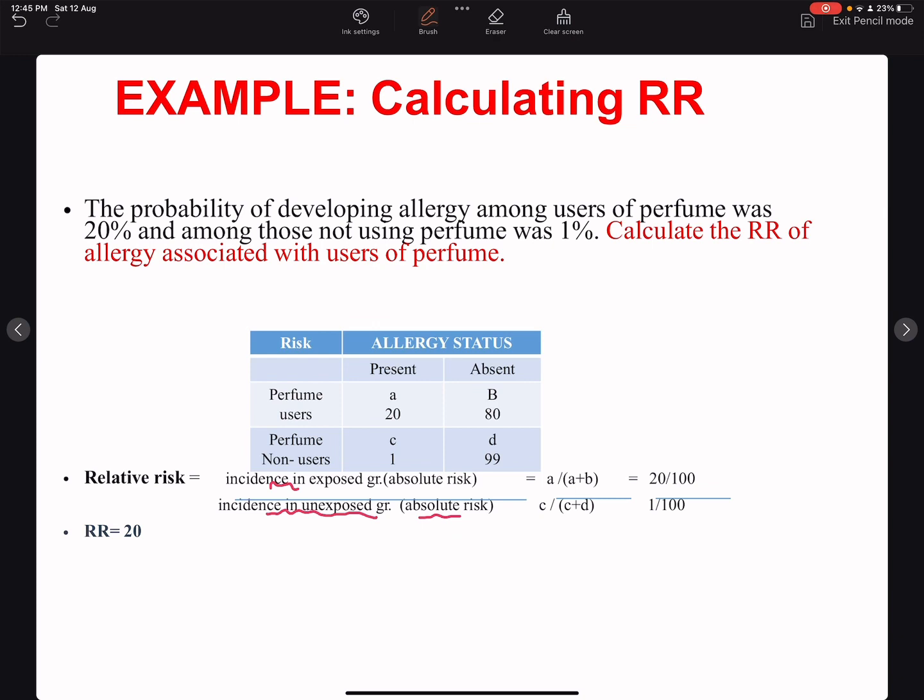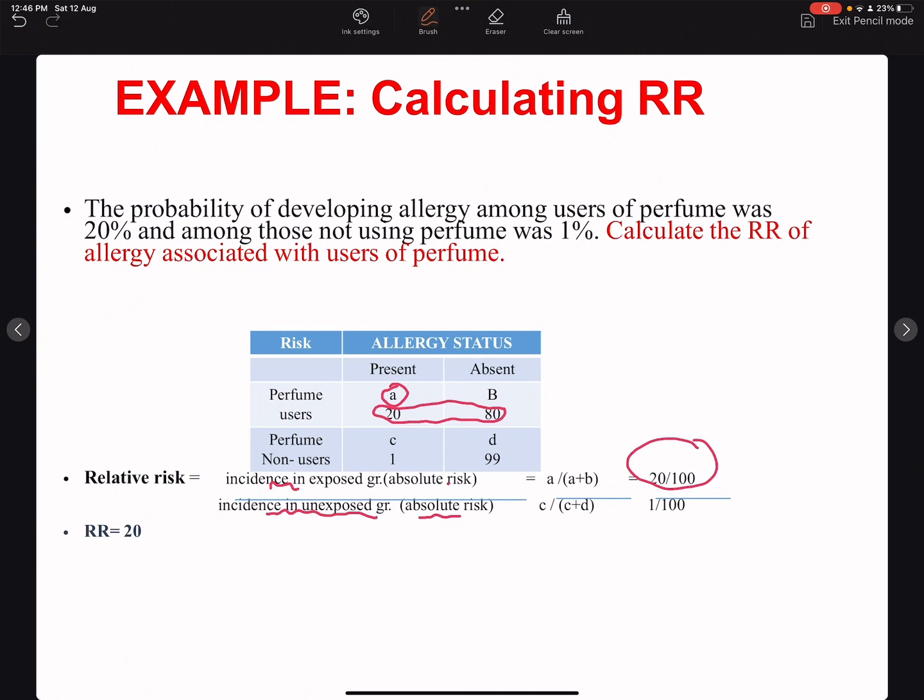In this case, to calculate the absolute risk in the exposed, we are going to divide those who are exposed to the perfume with presence of allergy by the total group, which includes those with allergy and those having no allergy. So it is going to be 20/100.